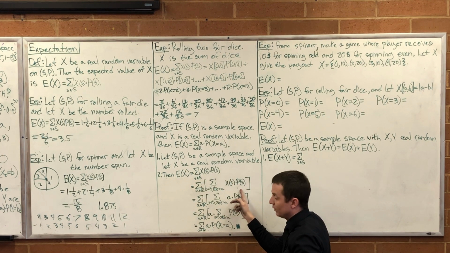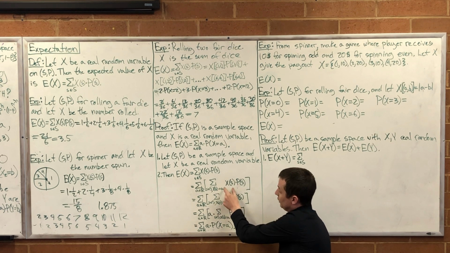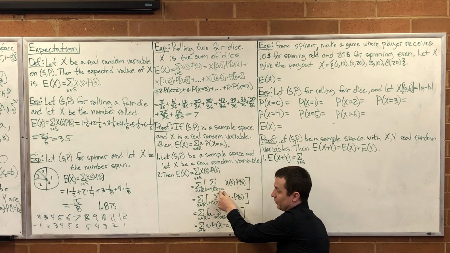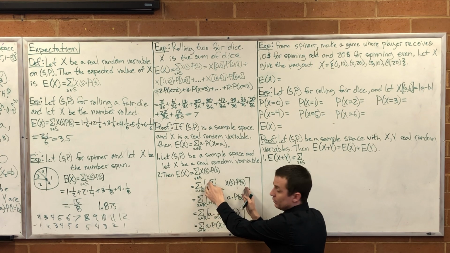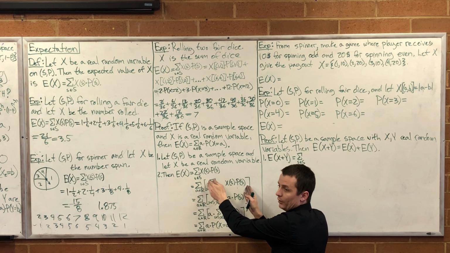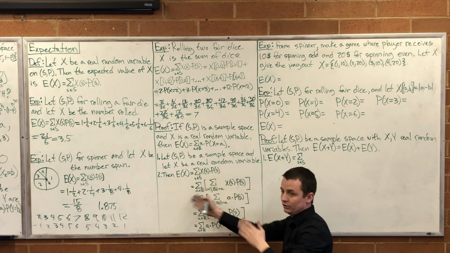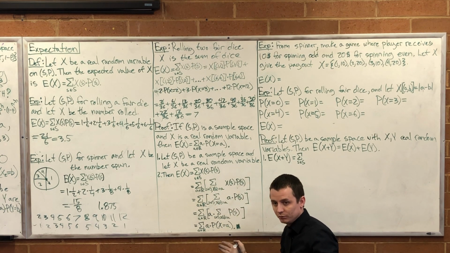Does that make sense what I'm doing here? Yeah. Each time, I'm grouping all the terms together where X of s gives me a particular A. When A is 1, this is the sum of all the things where X of s was 1. When A is 2, we sum up all the things where X of s was equal to 2. You do that for every real number, and you've got all the terms.